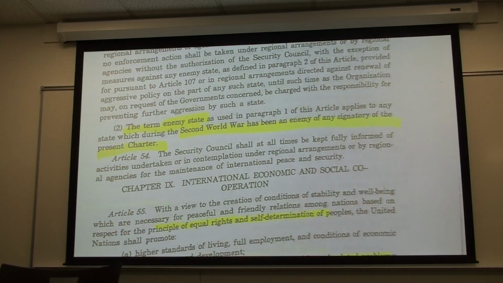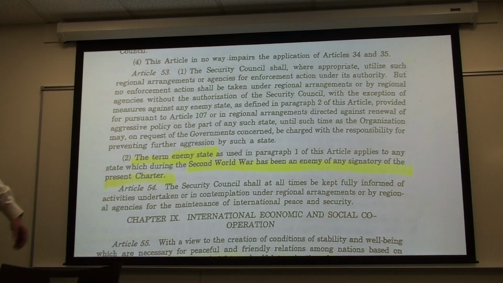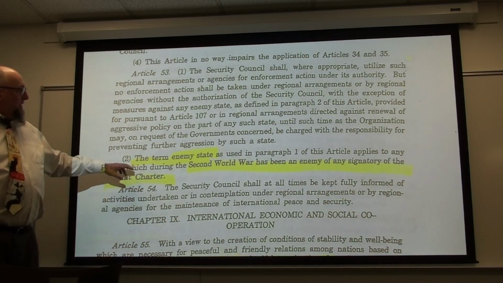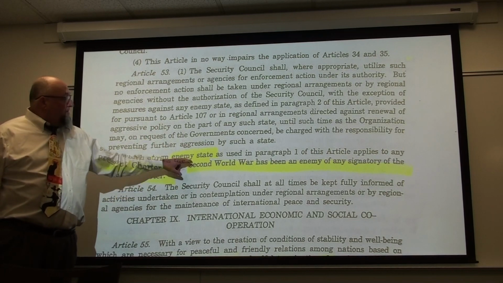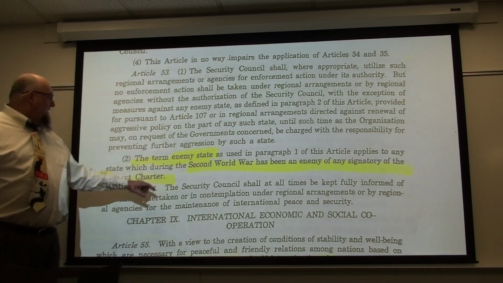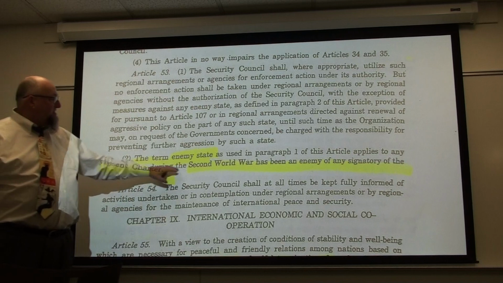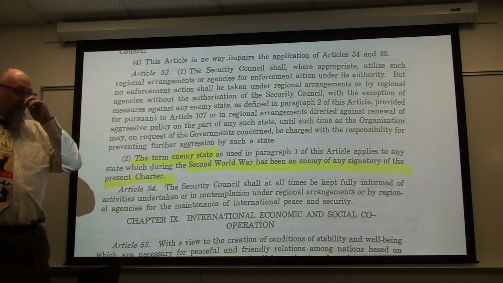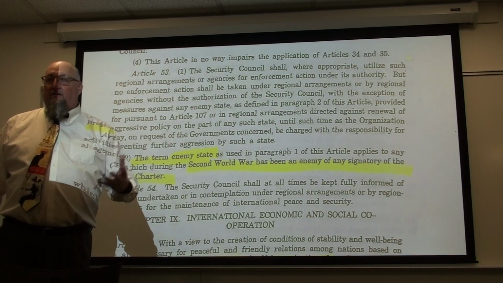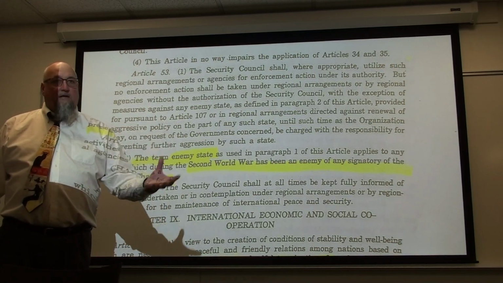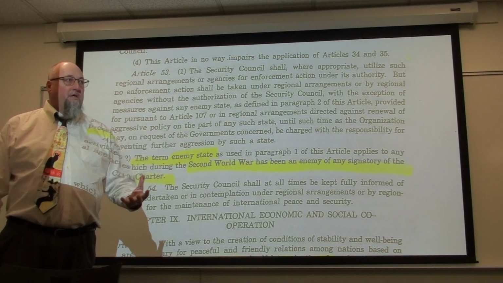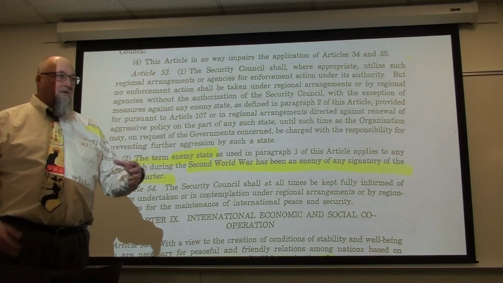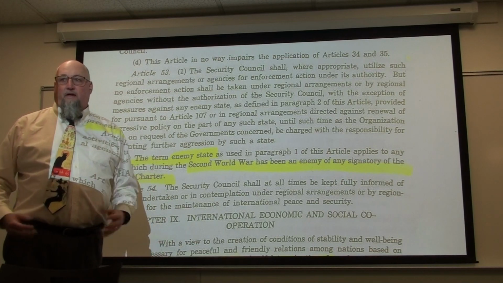I just want to point out kind of an interesting term here under Article 53, Part 2. The term enemy state applies to any state which during the Second World War has been an enemy of any signatory of the present charter. Now I just point that out, again, the idea, the whole United Nations Charter was designed and built coming out of World War II and the political powers that were in conflict at that time.